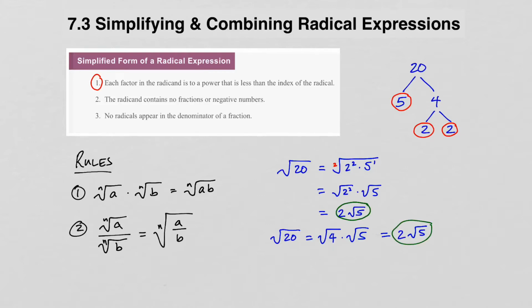But that's what we mean when we say each factor of the radicand is raised to a power that is less than the index of the radical. It basically means that the radicand, which remember is just the inside of the radical, is as small as possible.